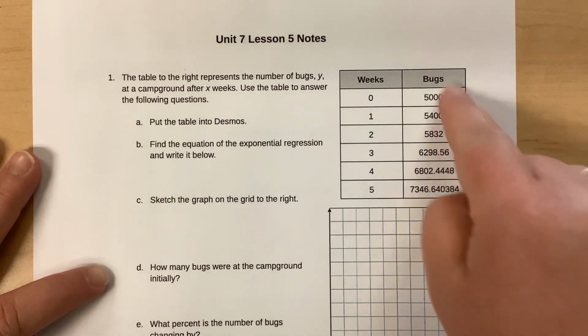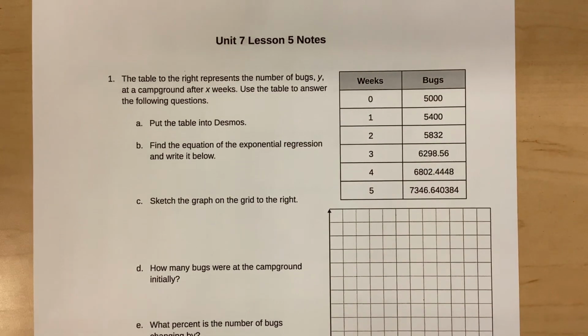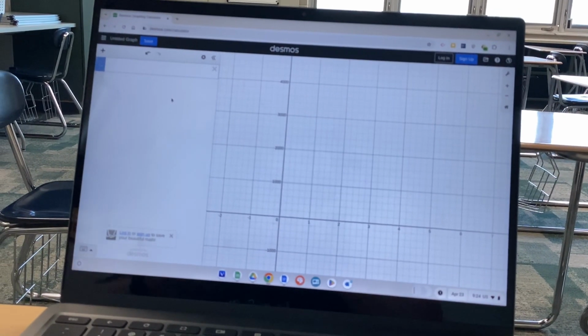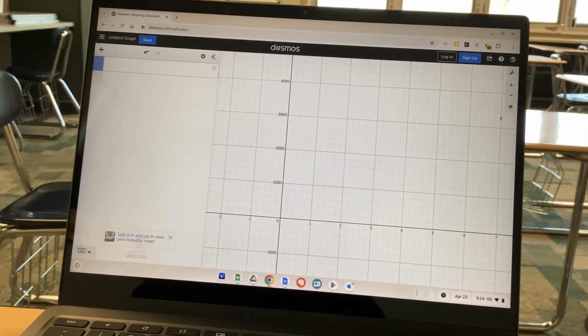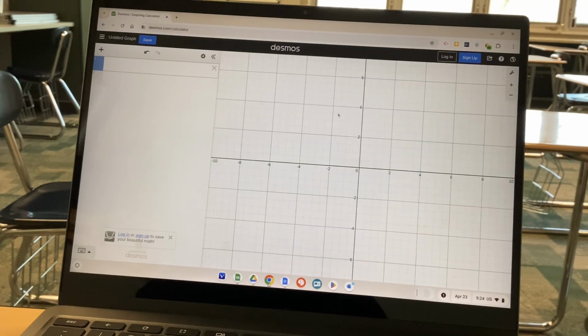All right, so this is our very first problem here. So I'm going to switch us over to Desmos, and then I will go ahead and focus this. Okay, so let's get this to the home here. The first thing I'm going to do is input a table, which means you need to click the plus sign up in the left-hand corner and then click table. And all I'm going to do is input that table that was on the page, which you can see if you're looking at your own paper here.